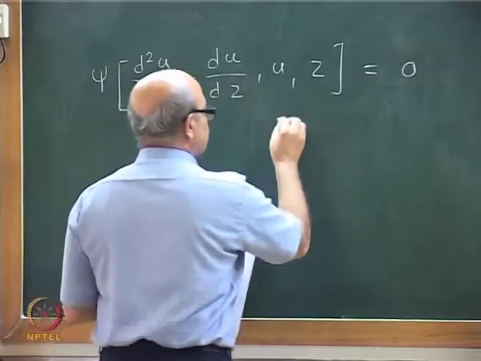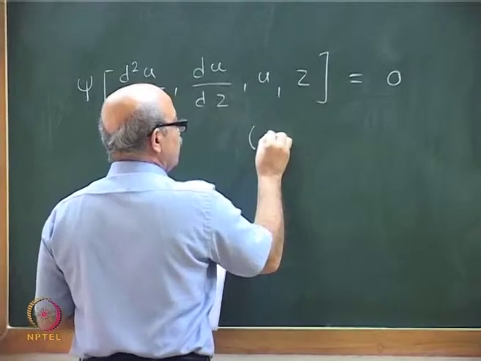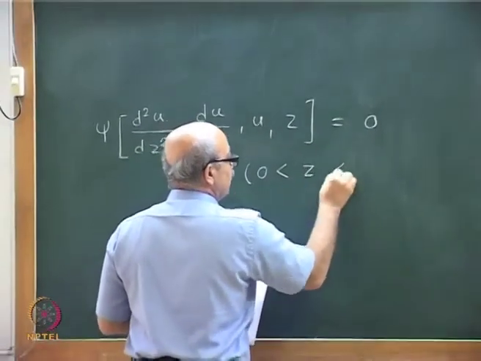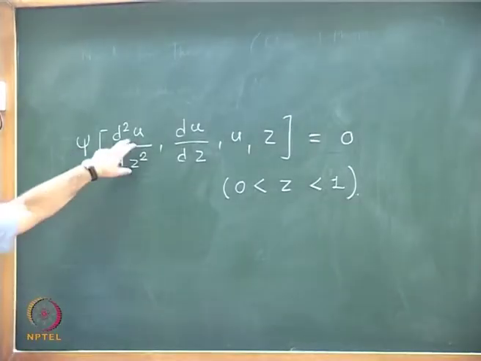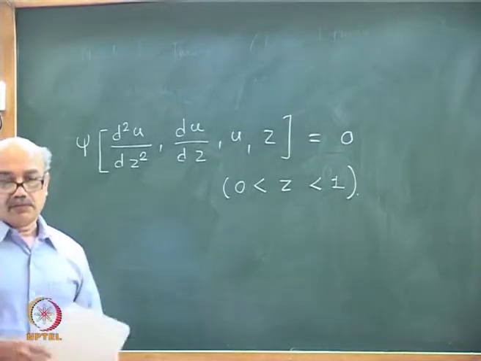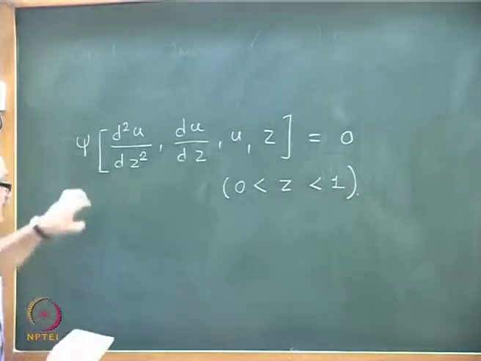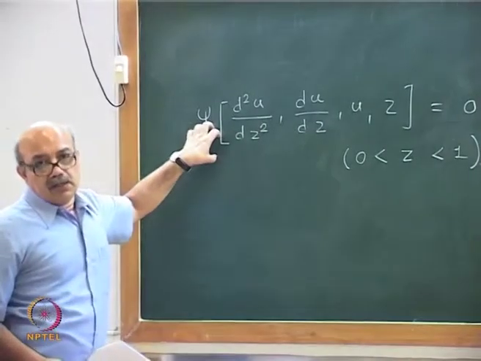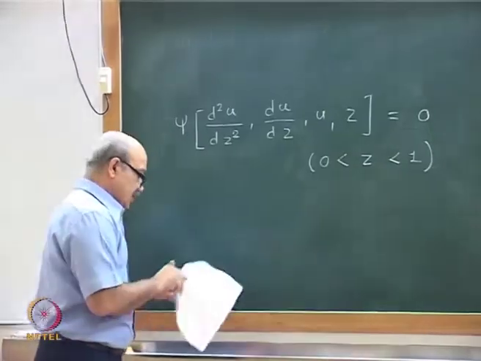This equation is supposed to hold over the domain 0 less than z less than 1. Here u is some dependent variable. It could be temperature, it could be concentration, whatever is the variable of interest. So we have this generic second order ordinary differential equation, and then two boundary conditions at two boundaries.